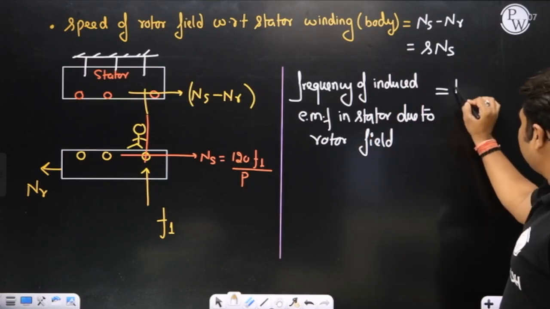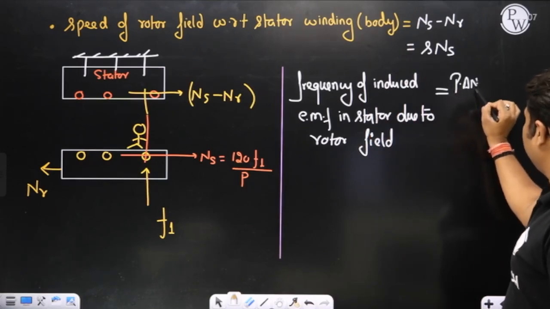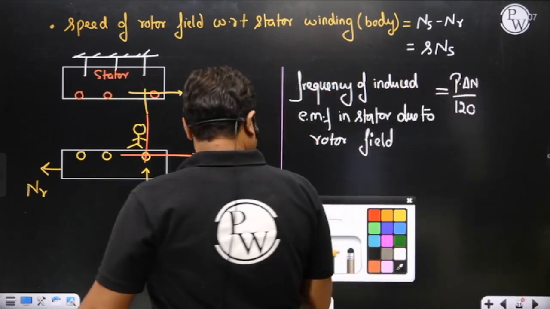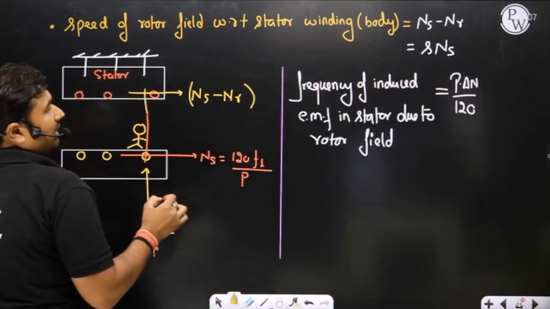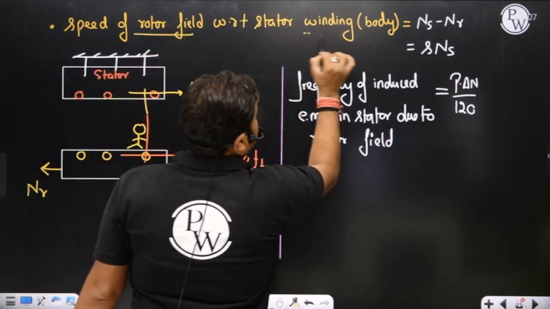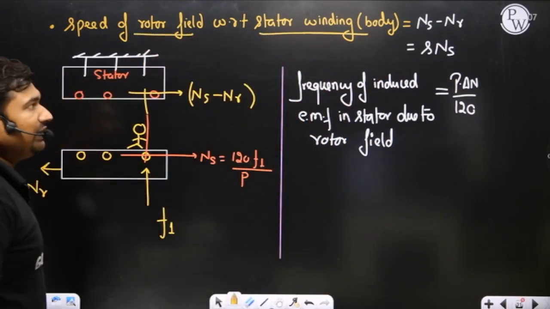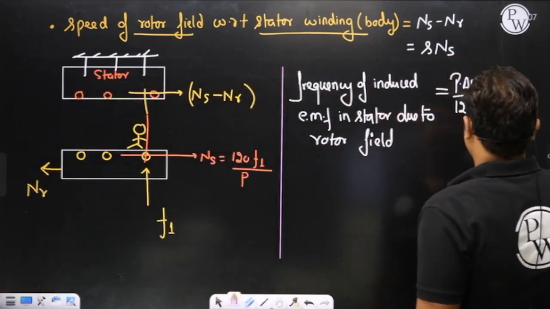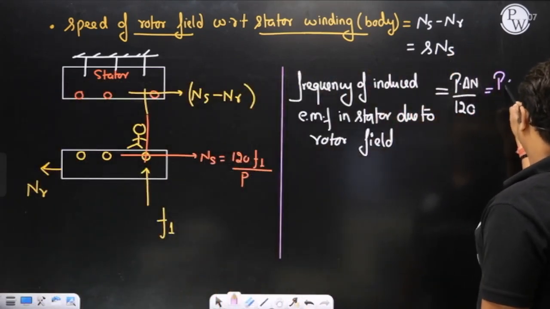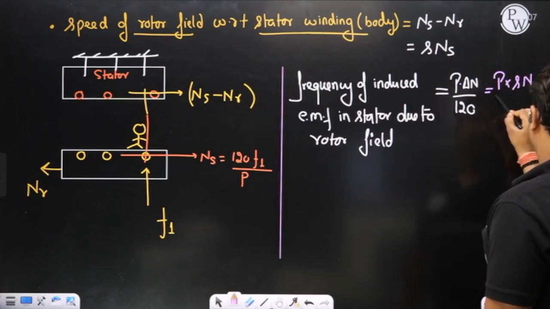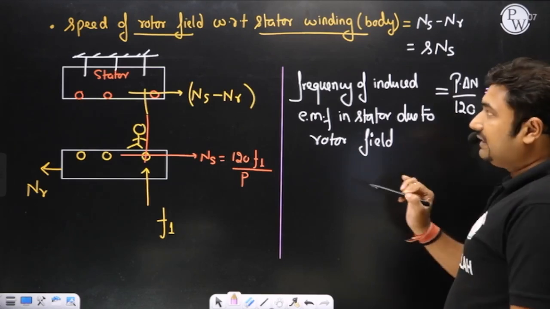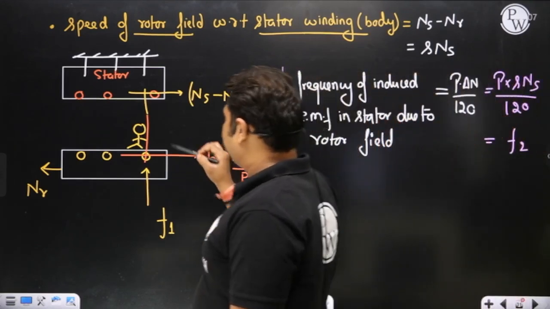Sir, that is P delta N by 120. And what is delta N? The relative speed between rotor field and stator winding. What is that relative speed? sNs. So this will become P into sNs by 120. Let it be frequency F2. That is the frequency in the shorted winding.